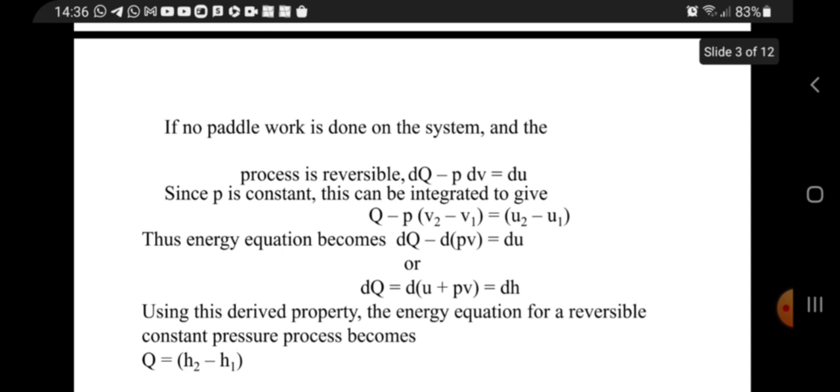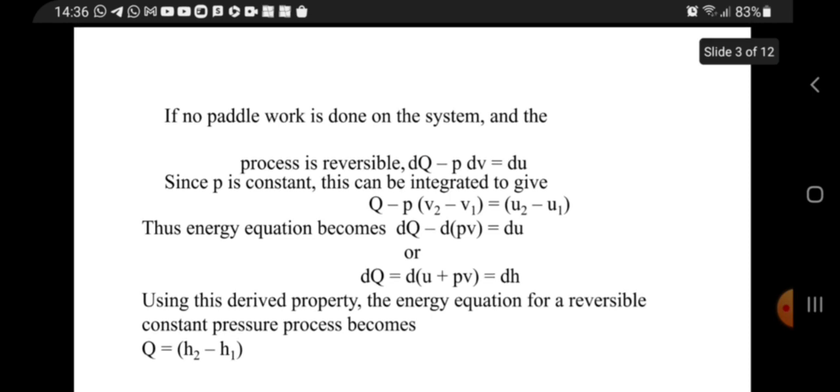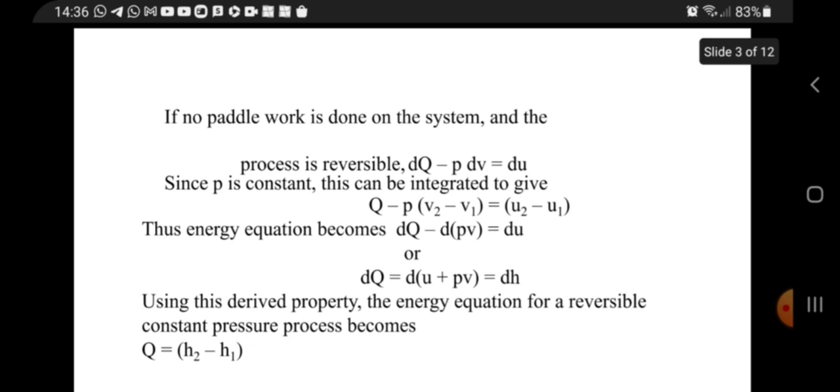Since p is constant, this can be integrated to give Q minus p (V2 minus V1) equal to U2 minus U1. Thus the energy equation becomes dq equal to du plus d(pv), which is equal to dh. That is the equation.